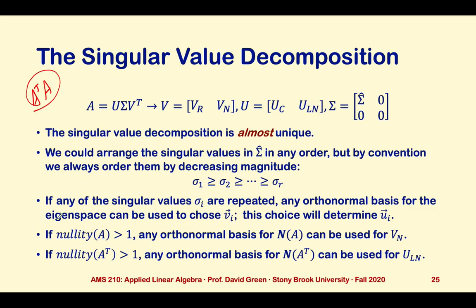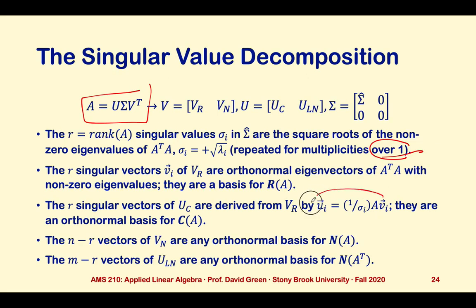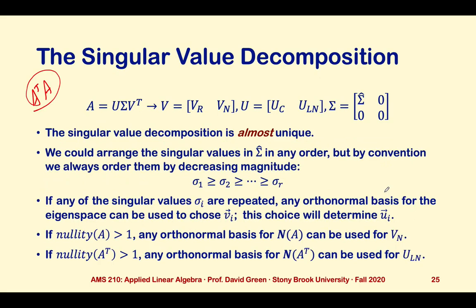Once we've made that decision of which orthonormal basis we use for v_i, that will determine what the corresponding u_i have to be by this scaling relationship. We can't independently find these by doing a different eigenvalue analysis on A A transpose.